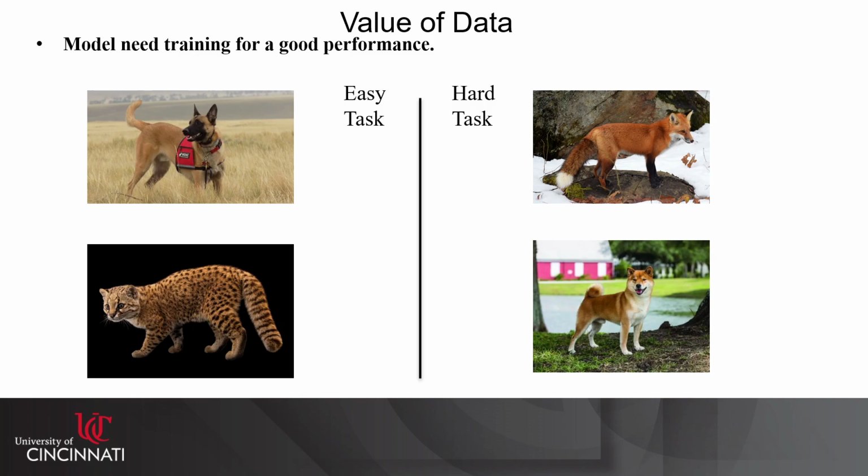However, if we want the model to differentiate two really similar things, like a fox and a Japanese Shiba that naturally look alike, then we might need to provide a lot more data and use more complex deep neural networks to let the computer extract really detailed information to be able to differentiate those.